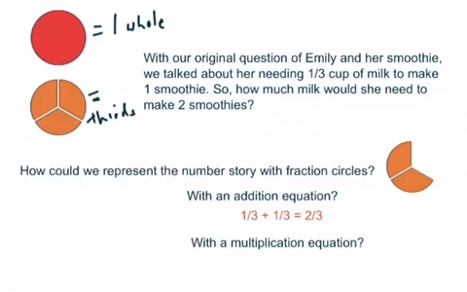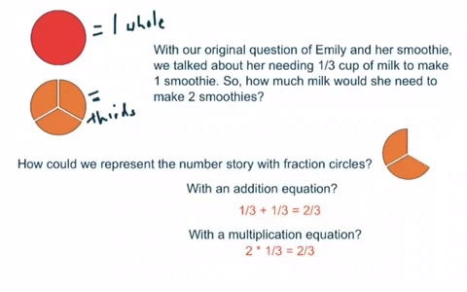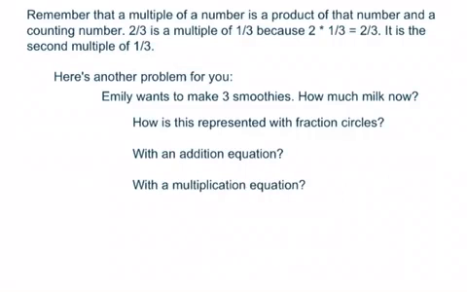All right, so how about a multiplication equation that goes with that? And hopefully you said 2 times 1/3 equals 2/3. Okay, so there's some basic understanding that we need to have going forward. Remember that a multiple of a number is a product of that number and a counting number.